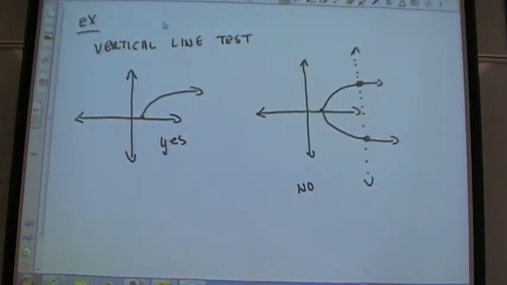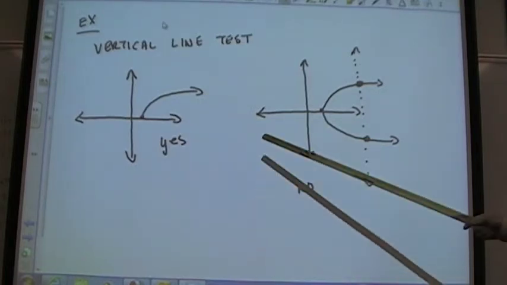Now, another way to determine graphically if something is a function is the vertical line test. The vertical line test says if you can draw a vertical line anywhere through a curve or any graph, and it intersects that curve more than once, then it's not a function.